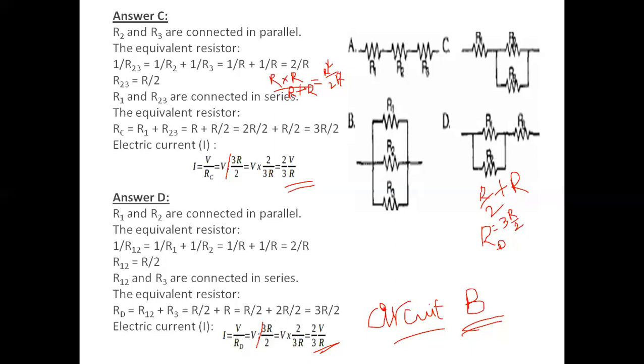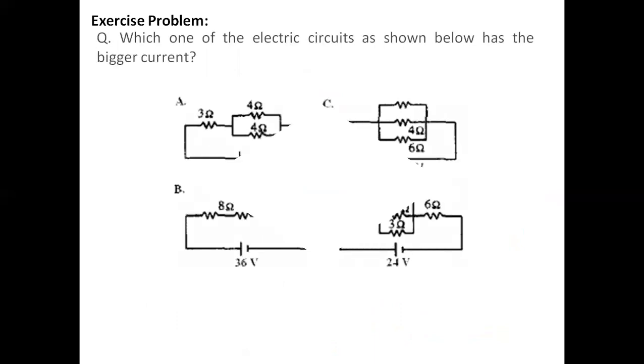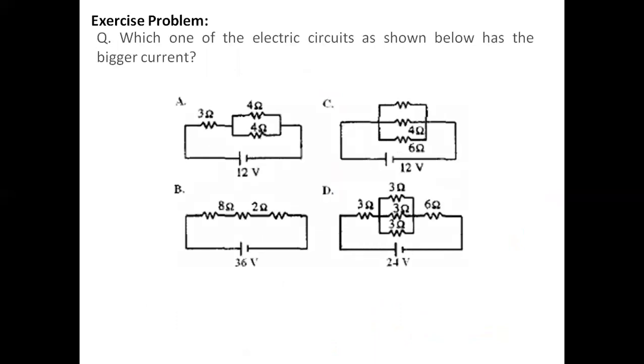Now I am giving one problem to you. Kindly solve this problem similar to the second problem. It is almost the same, but the only difference is here I have given the values. Okay, so for all the four circuits, again you need to find out which one of the circuits as shown below has bigger current.